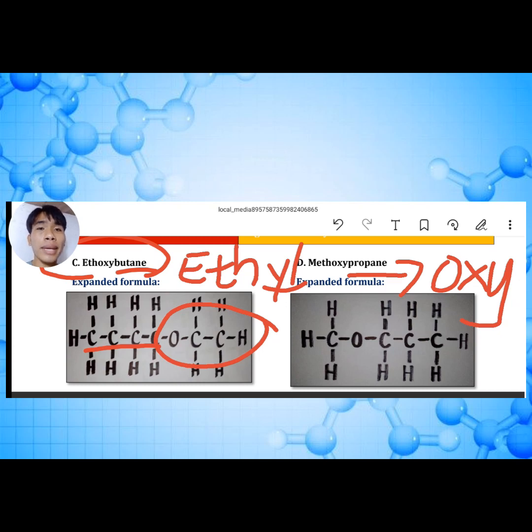So in the naming, it becomes ethoxybutane because the oxygen substituent should be first, and the next is the butane, according to the IUPAC nomenclature.